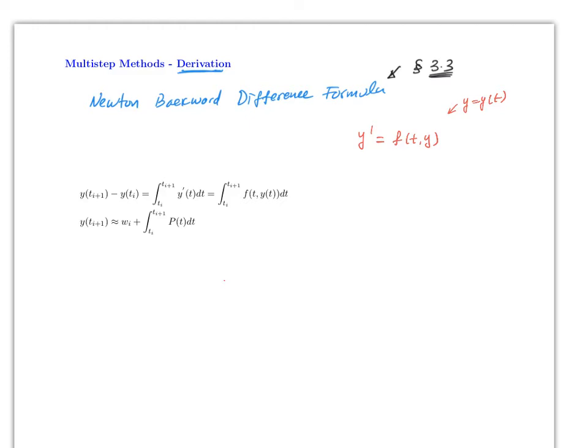Now, if you integrate both sides, notice that the integral of y prime dt is technically just y, because the derivative cancels the integral, and this goes from t_i to t_{i+1}. Well, this should be obvious, but just to make sure you get this, it is equal to y of t_{i+1} minus y of t_i.